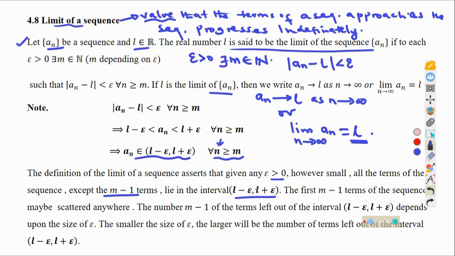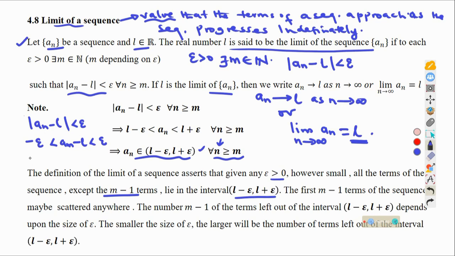So it means m minus 1 terms will not lie within this given range here. If we need to know how this comes, basically it comes from the definition. If you have the magnitude of a_n minus L less than epsilon, it means you can easily say by definition of the absolute value of a number that negative epsilon is less than a_n minus L, which is less than epsilon.